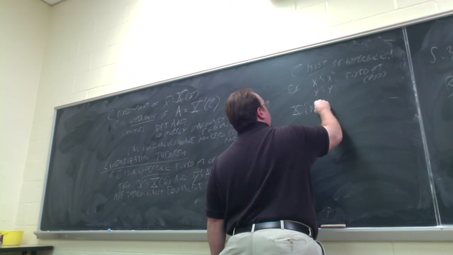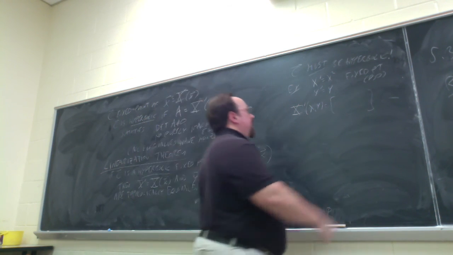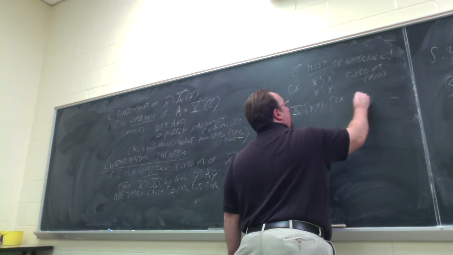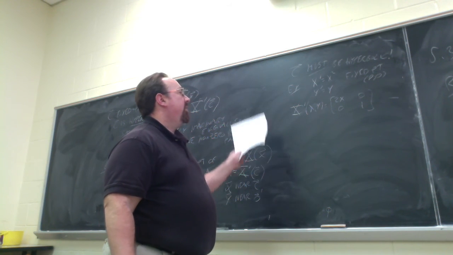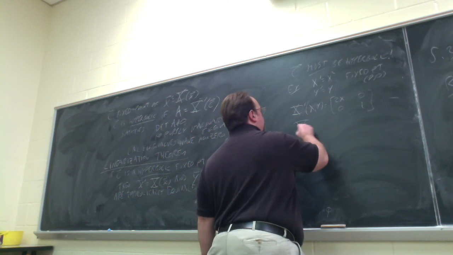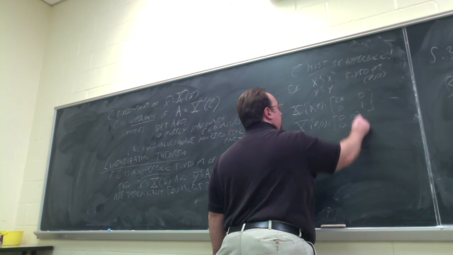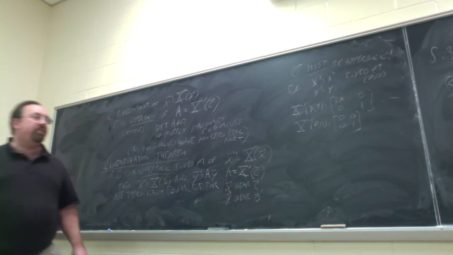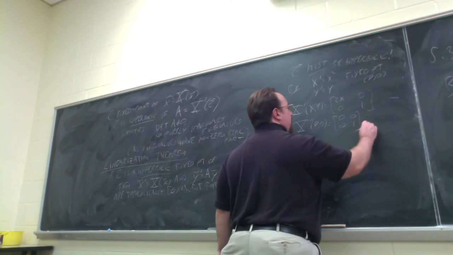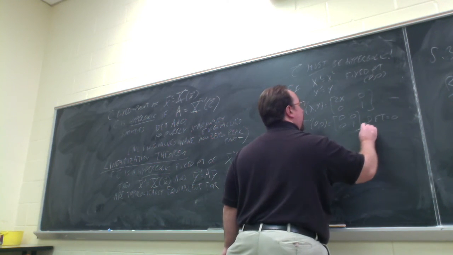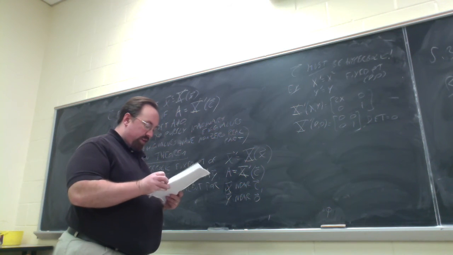Big X prime of x, y: we take the derivatives of these right-hand sides with respect to x and y. So we get 2x, 0, 0, 1. That's the Jacobian matrix. Then we plug in the fixed point, x and y both equal to 0, so we get 0, 0, 0, 1. This is definitely a matrix whose determinant is 0. It's not invertible. So this is not a hyperbolic fixed point.